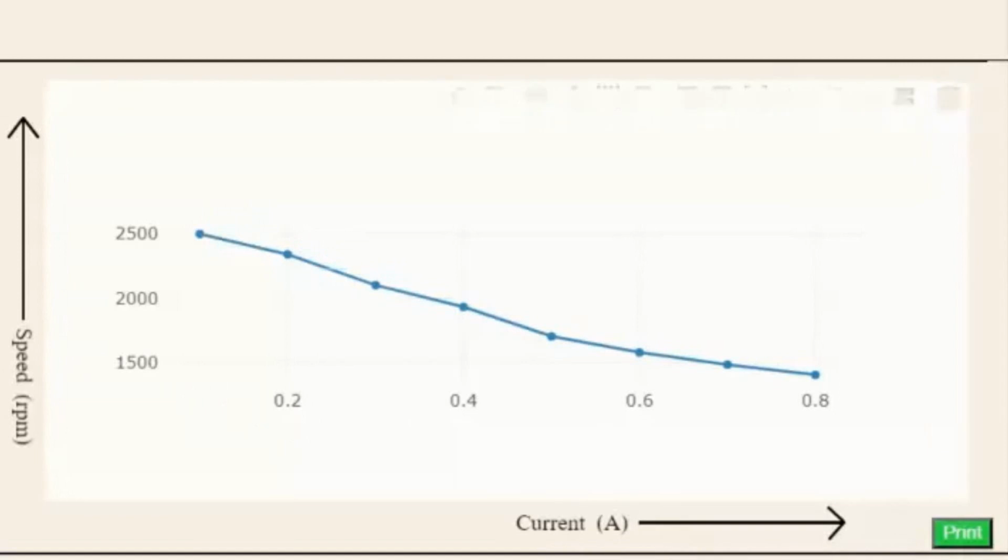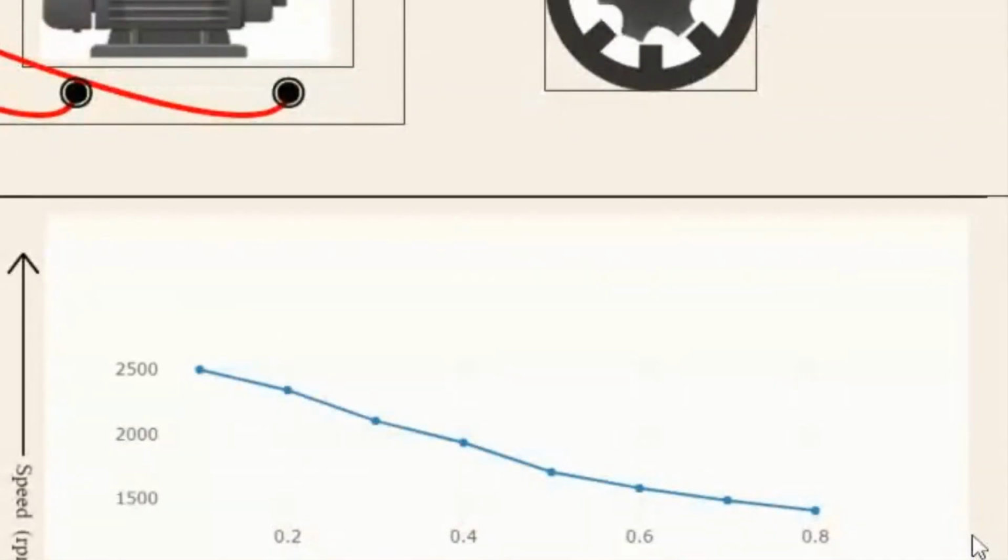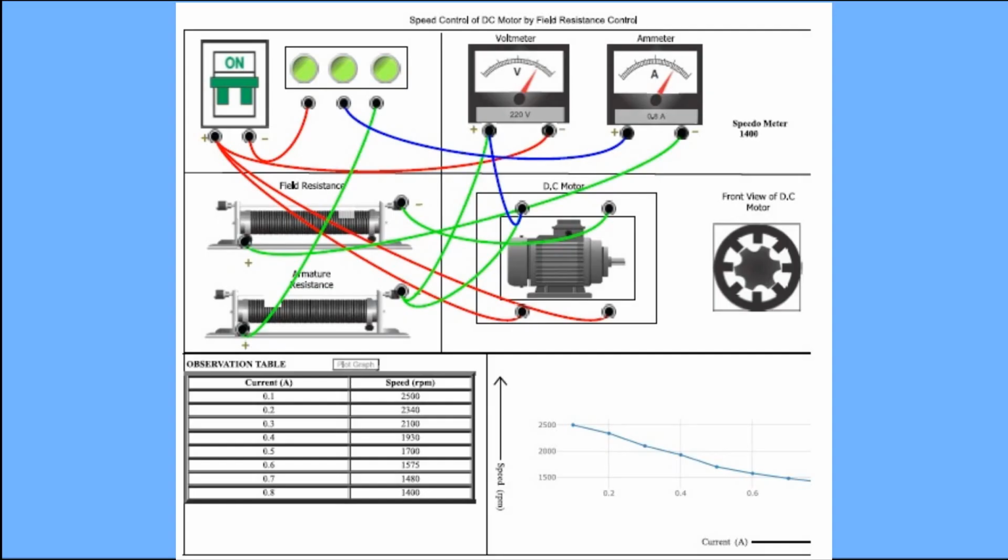In order to print the screen, click on the print option so that the entire circuit along with observation table and graph will be available to save it as a PDF.